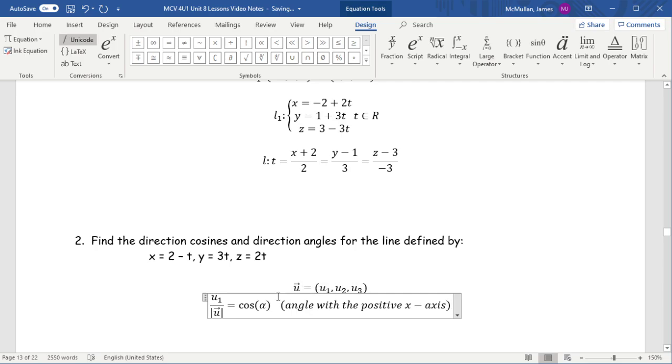The same thing would be true for beta and gamma. So beta would use u2, and gamma would use u3.